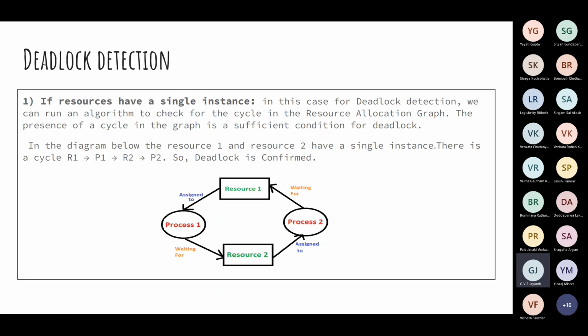Like in this diagram, process 1 is waiting for resource 2, but resource 2 is assigned to process 2, and process 2 is waiting for resource 1. So as this is a cycle, the deadlock is formed.